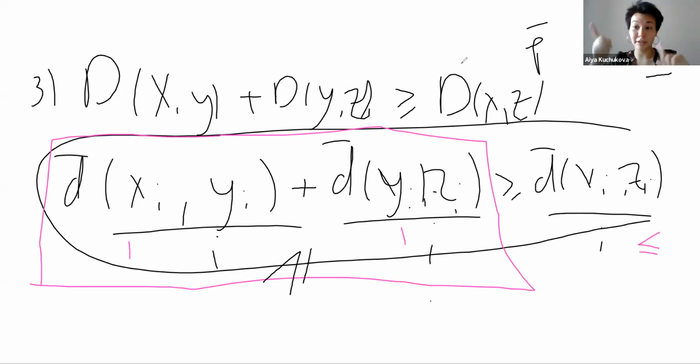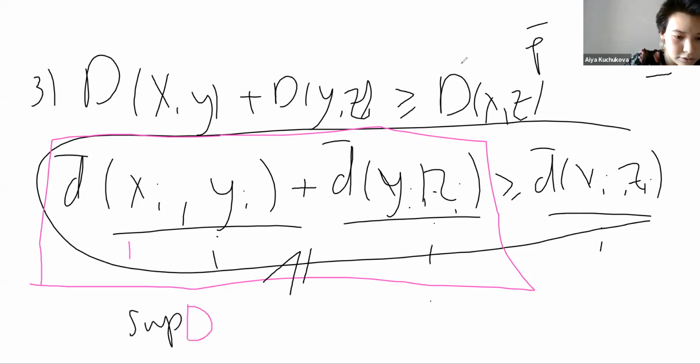But we can do something else. We know it works for any i. Okay, wait. But yeah, I like your idea that we can just write that this is smaller than the supremum of that.